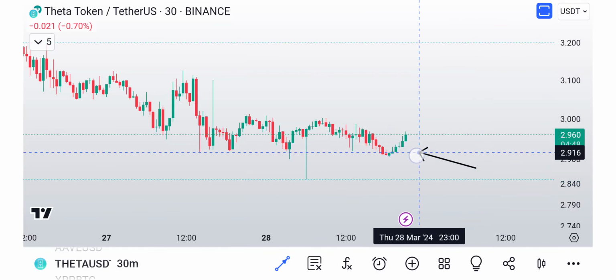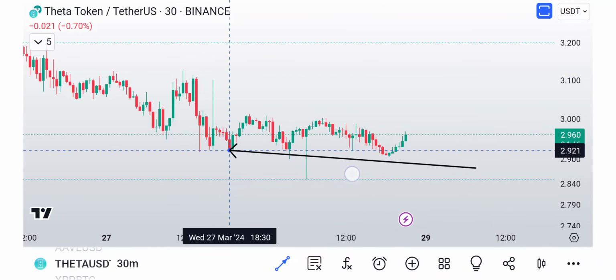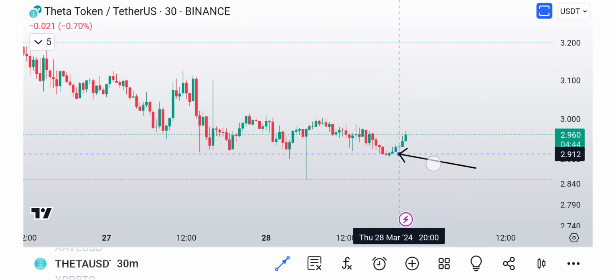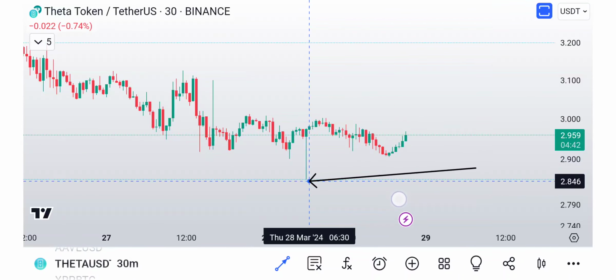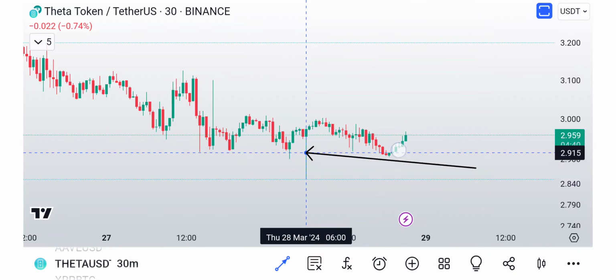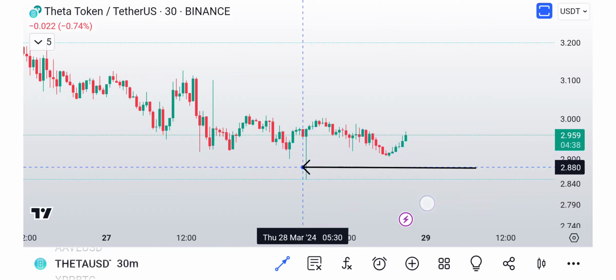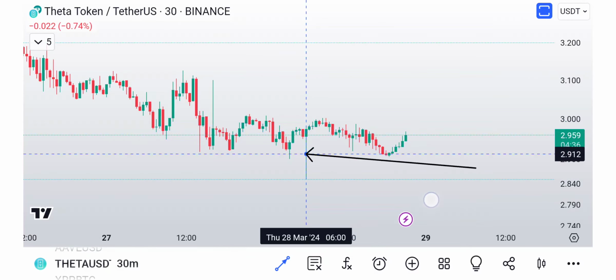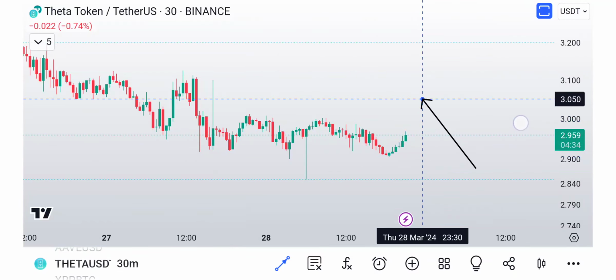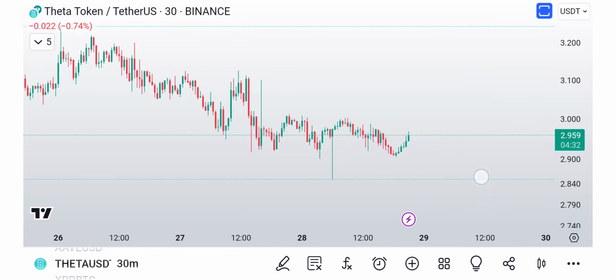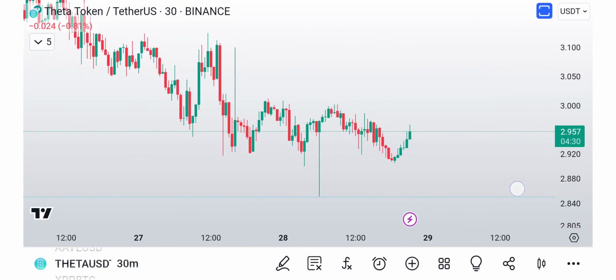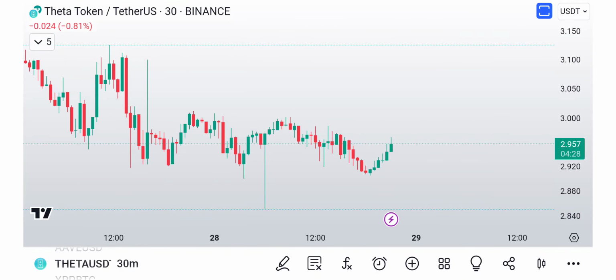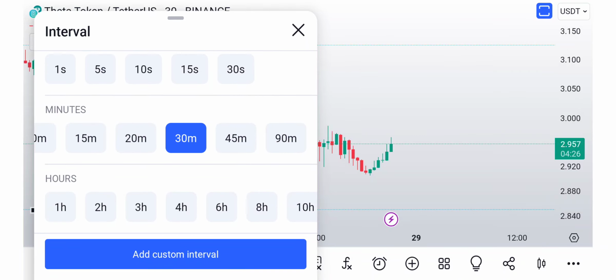You can see we had support, but this wick sliced right through the support and got bought up real quickly, which told me it tapped into that liquidity, and now it can start to curl up.